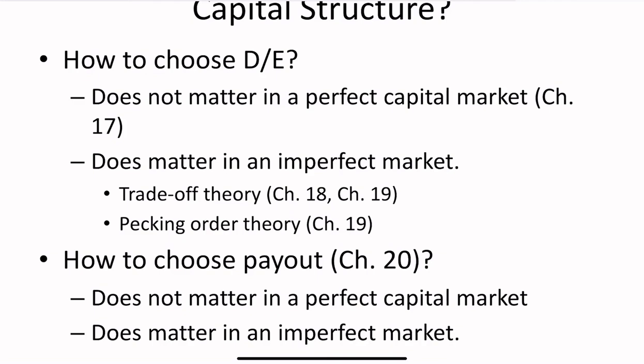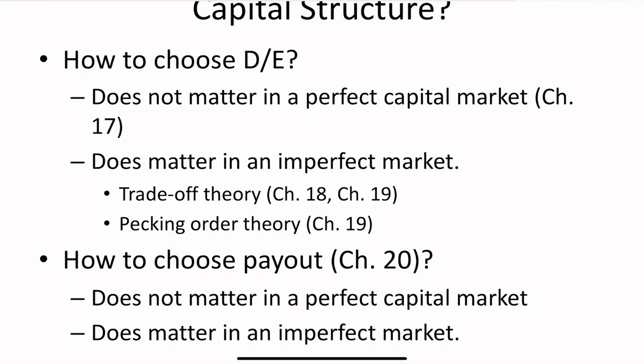And in a very summary way, if you have a perfect capital market, then choosing D and E does not really matter because the firm's value would be the same. So this is basically the famous MM theorem. And then when we move to the more realistic case, thinking about the real world with corporate tax and personal taxes, yes, it does matter.